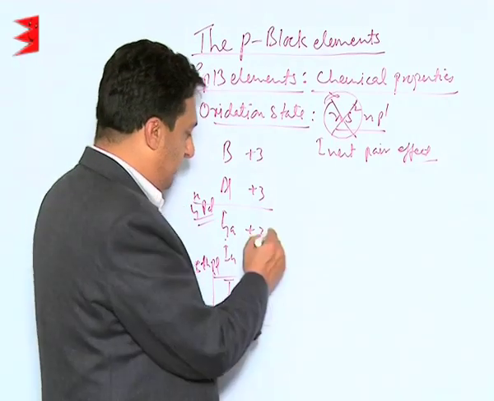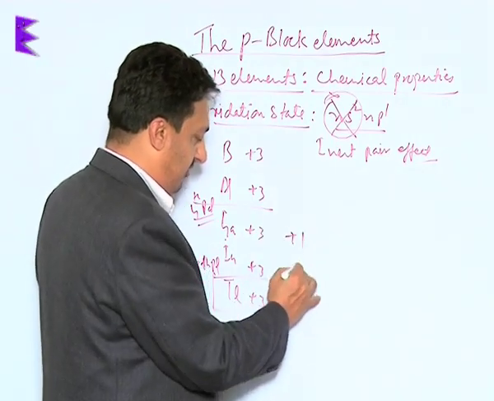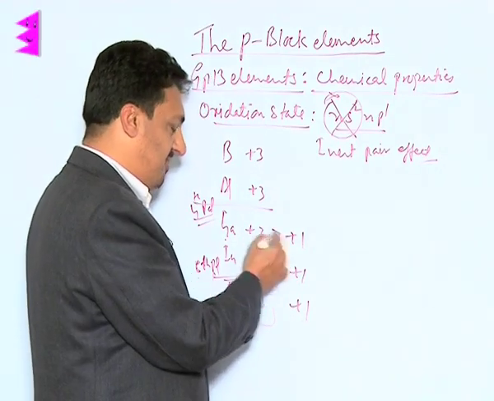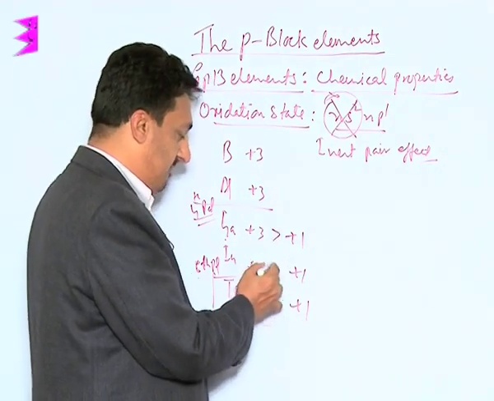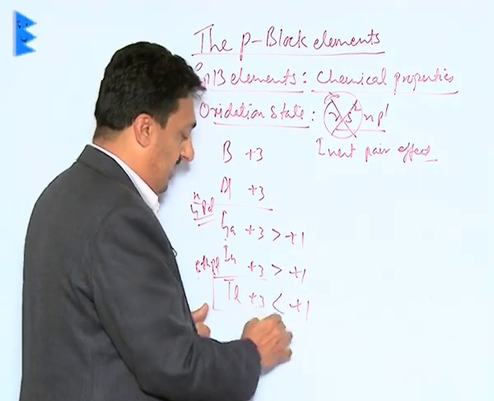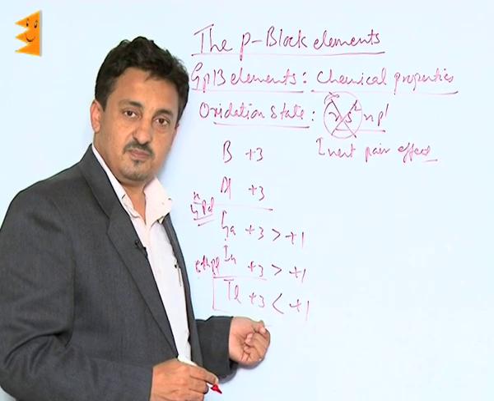As a result, along with +3, they also show the +1 oxidation state. Though gallium's +3 is more stable than +1, and indium's +3 is more stable than +1, thallium's +1 is more stable than +3.